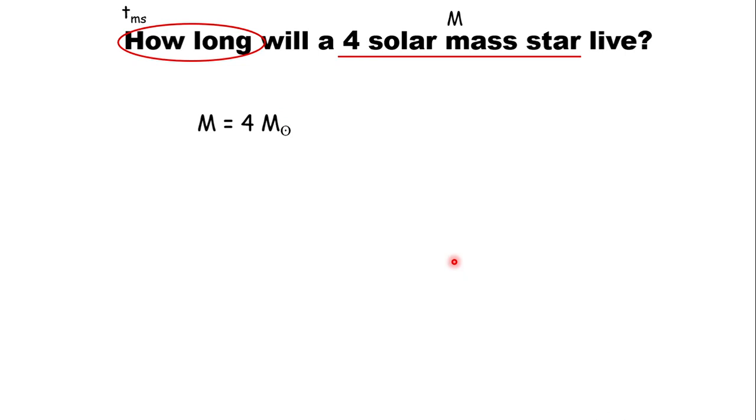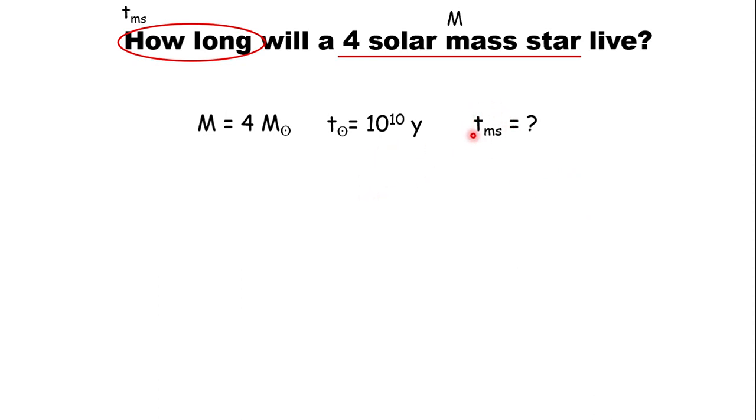We're going to need another number. We need the main sequence lifetime of the sun. That's going to be the same in every question, 10 to the 10 years. And then we're looking for the main sequence lifetime of the star. So now we know what we're doing.